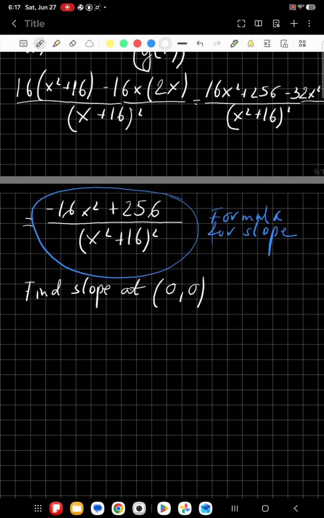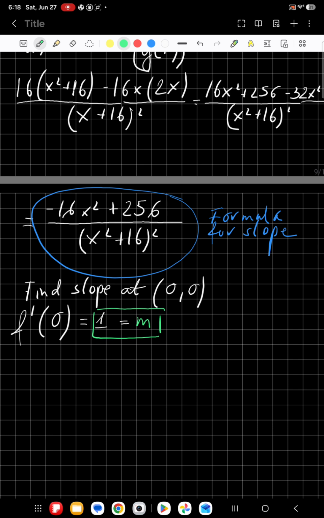I take that f prime, the first derivative, and evaluate it for 0. So what we get is 1. I'm not going to do that calculation, I hope it's simple for everybody, and that is exactly the slope, m.